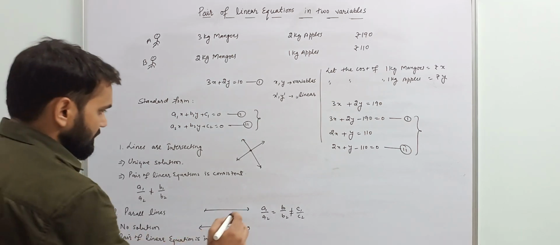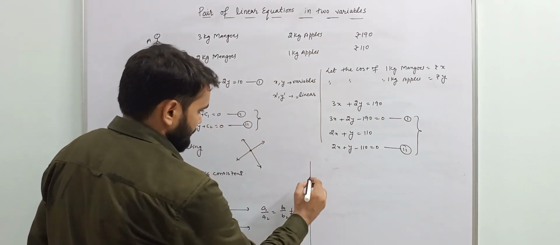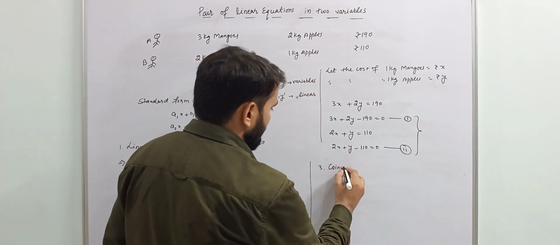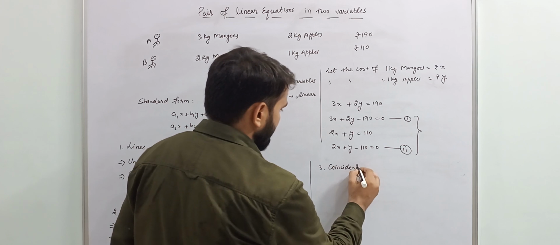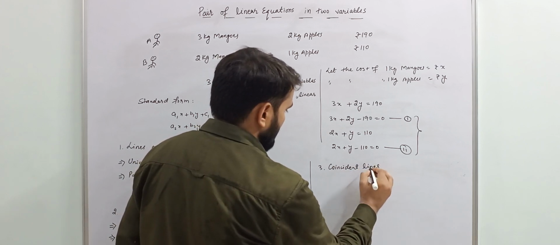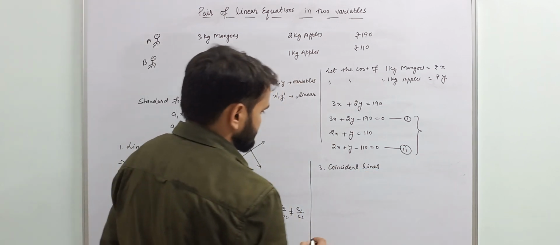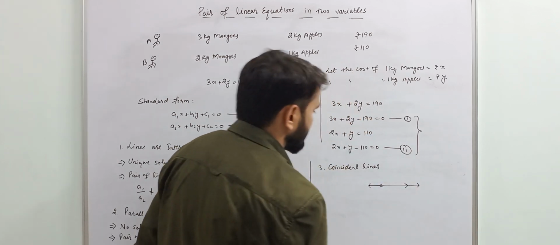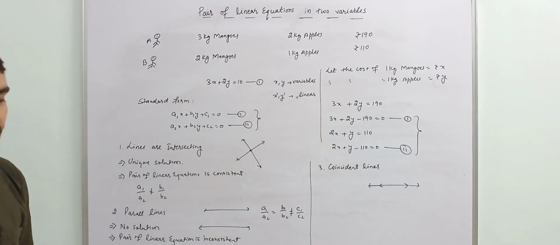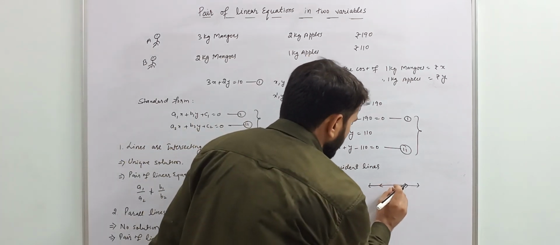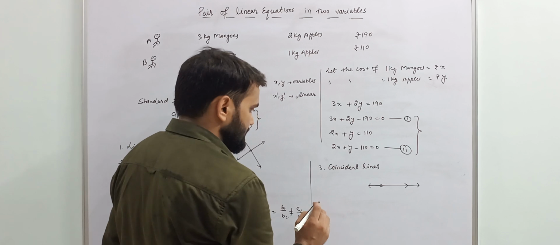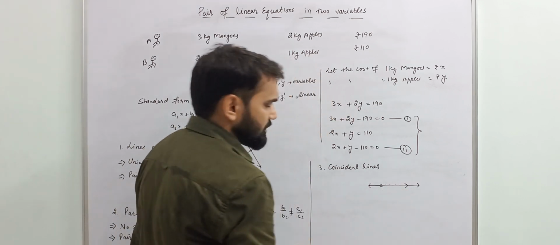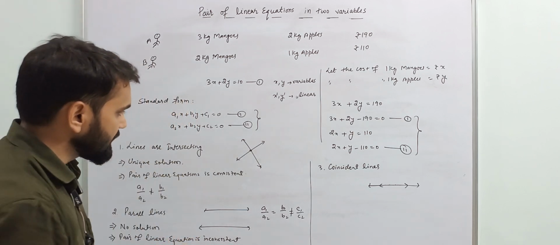And the last case is when the lines are coincident. Coincident line means one line will lie on the other one. In that case there will be infinitely many solutions because there are infinitely many points on this line that are common to both the lines.